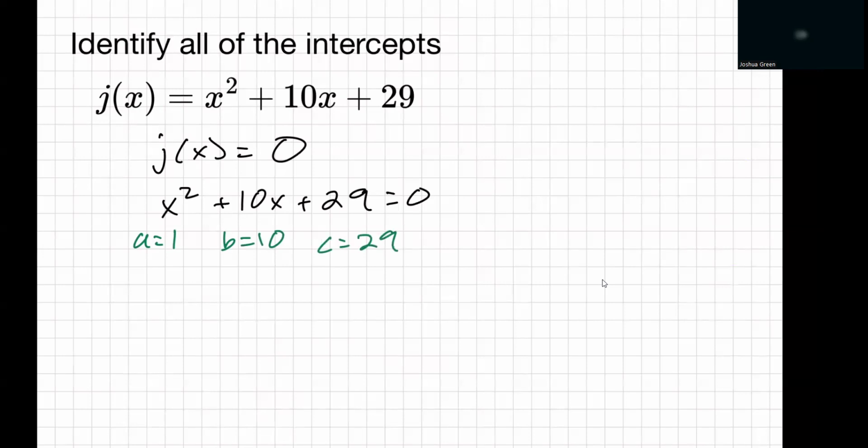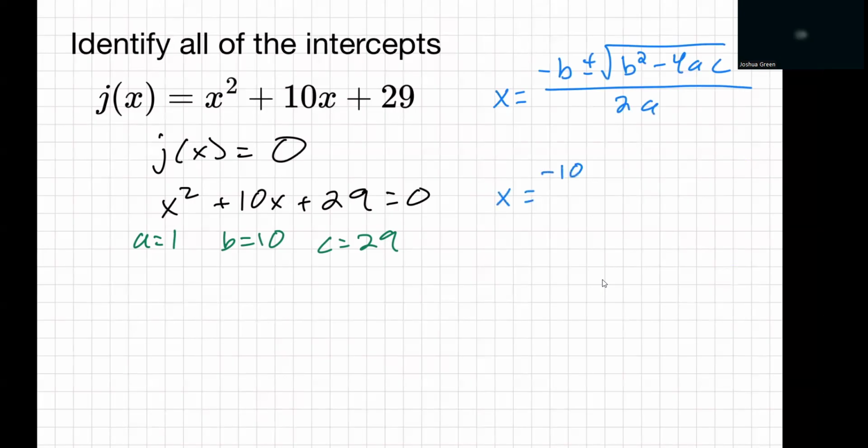Setting up the quadratic formula, we would have x equal to the opposite of b plus or minus the square root of b squared minus 4ac all over 2a. So we would have -10 plus or minus the square root of 10 squared minus 4 times 1 times 29, all over 2 times 1.